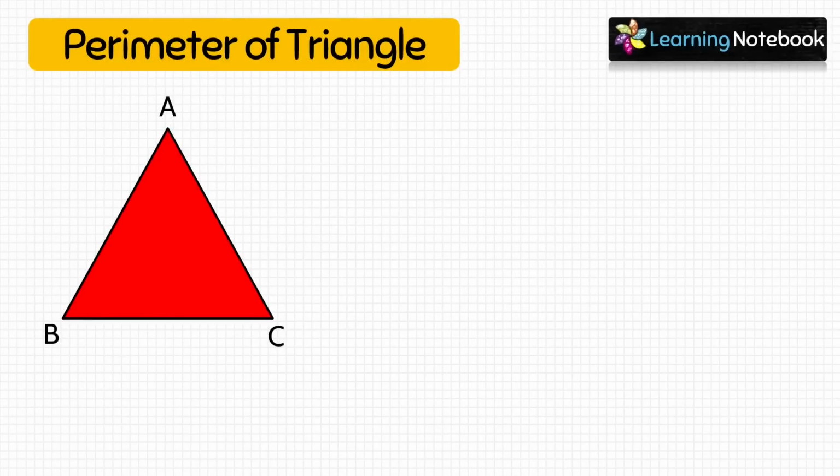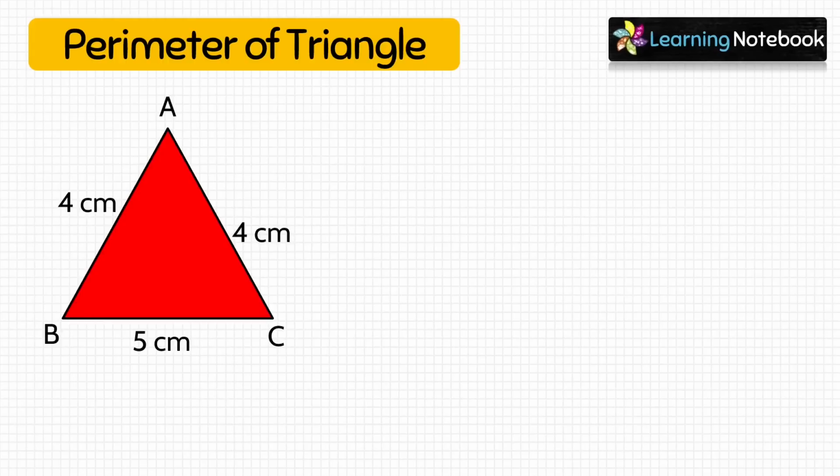Now suppose we are given length of three sides of this triangle, that is AB equal to 4 cm, BC equal to 5 cm and CA equal to 4 cm.